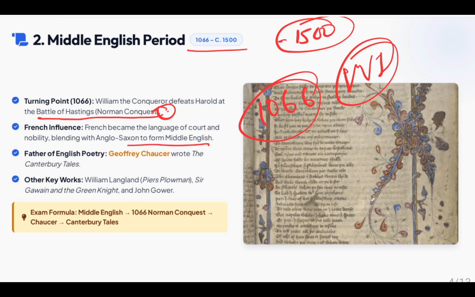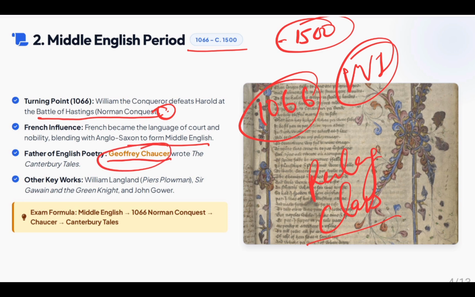After the Norman Conquest, French became extremely influential in England, particularly among the ruling class. English gradually developed into what we call Middle English. The greatest writer of this period is of course Geoffrey Chaucer.